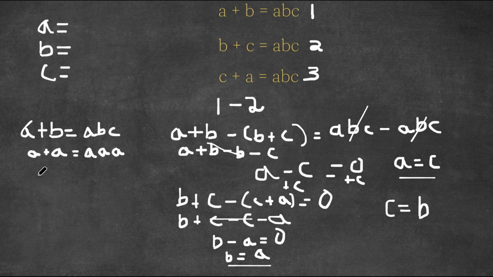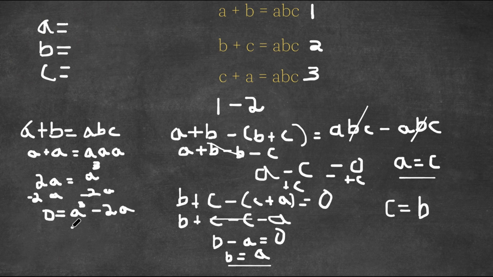Now a plus a is 2a, and a times a times a is a to the power of 3. Now if we subtract 2a on both sides, we get 0 is equal to a to the power of 3 minus 2a.